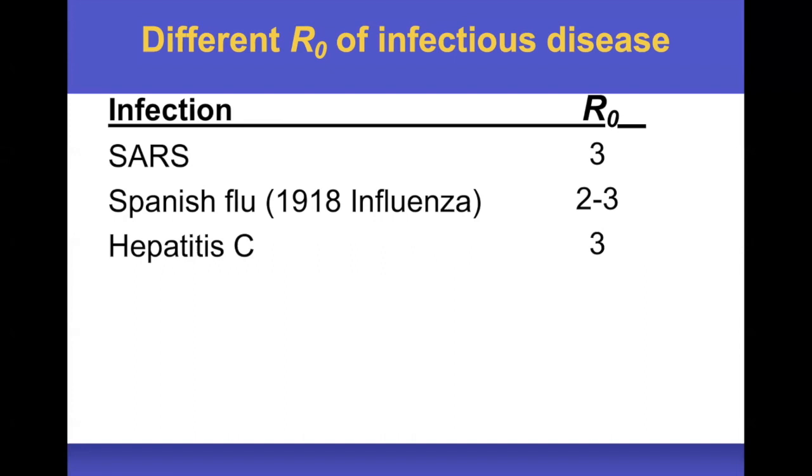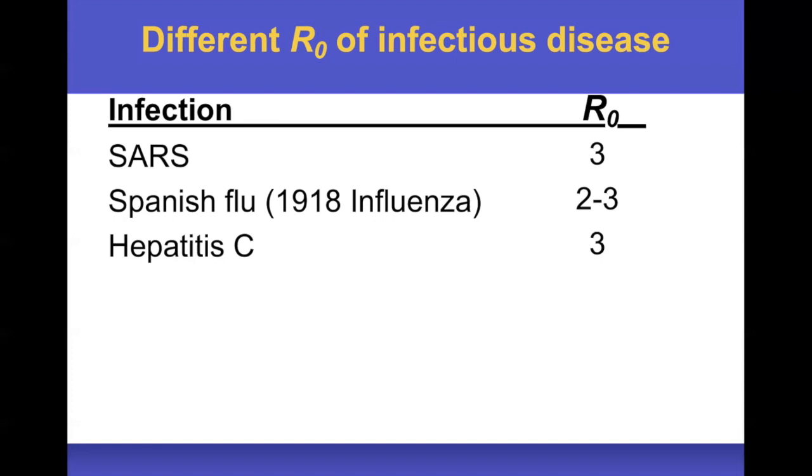Thank you for your comment on 1 or a lower rate. Why wouldn't we think that hepatitis C has such a high R naught? Because you can kiss somebody with hepatitis C and you won't get infected.